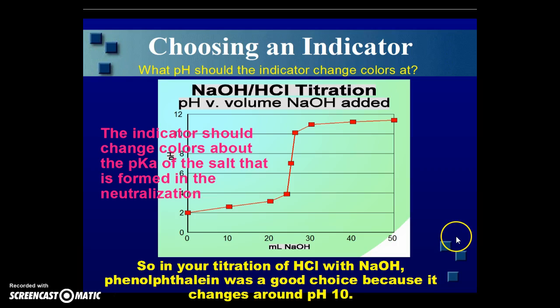So for your titration of HCl with sodium hydroxide, if you chose phenolphthalein, that's a good choice. It changes around 10, and with that last drop of added base, it'll shoot past 10 as it makes this huge increase here.